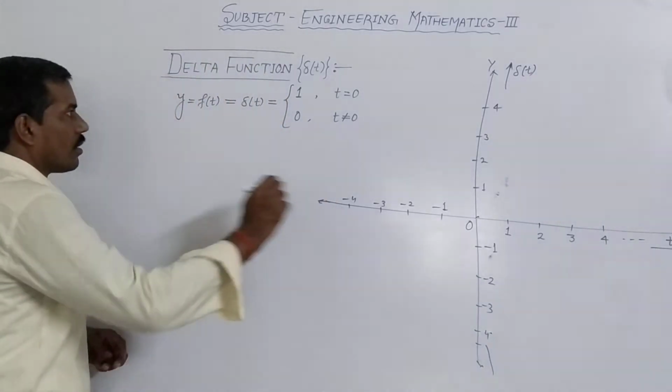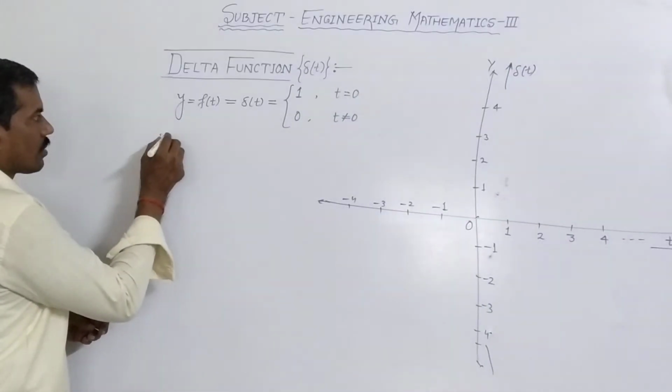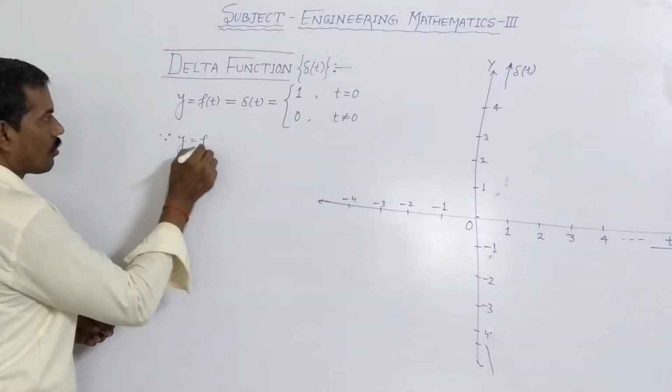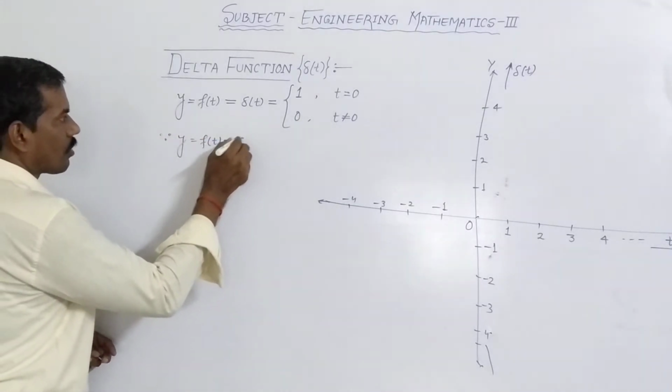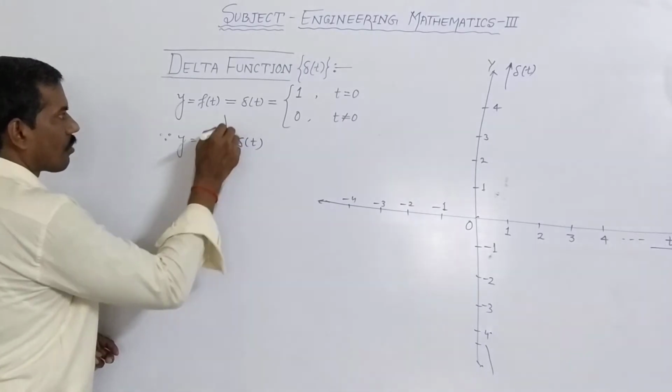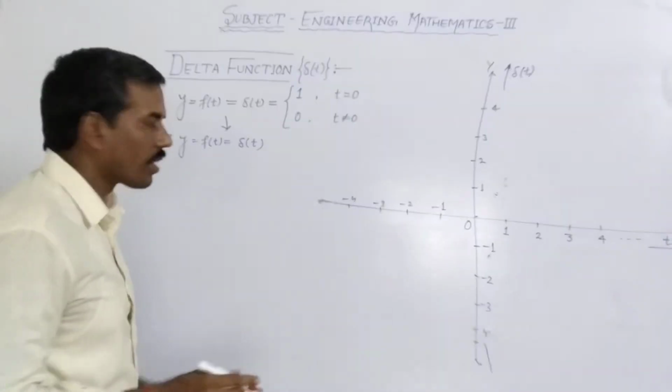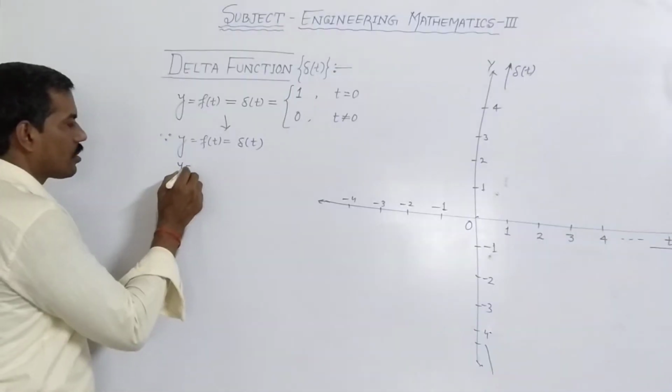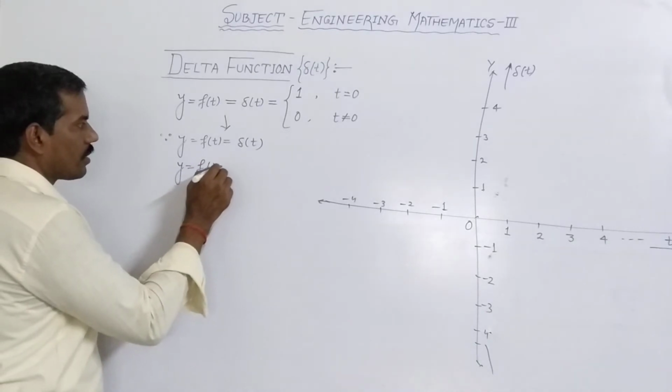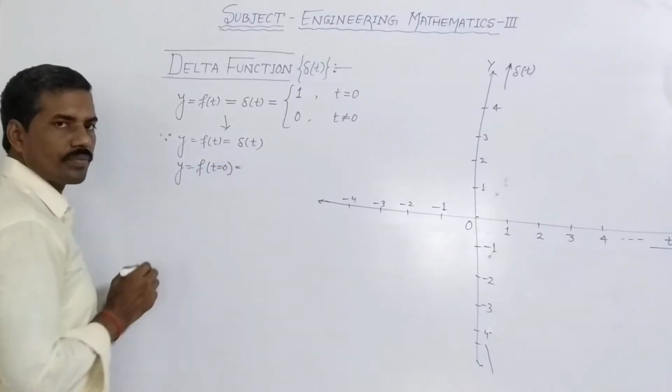Since y is equal to f of t, which is equal to delta t, let t be equal to 0.